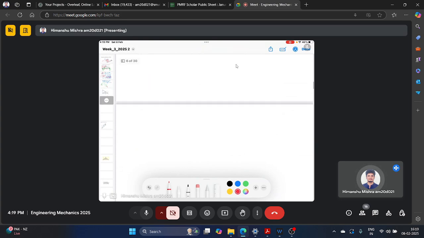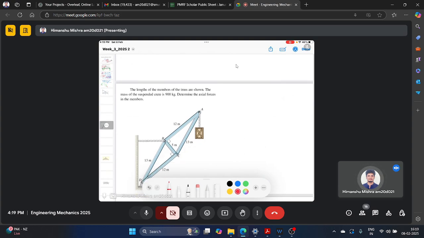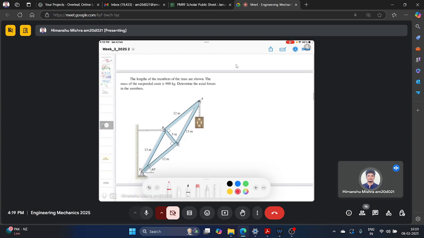So again we come to our next problem, which we will be solving by the method of joints only. The only difference is it is mathematically more involved. Whatever we did until now, we will do the same thing here.